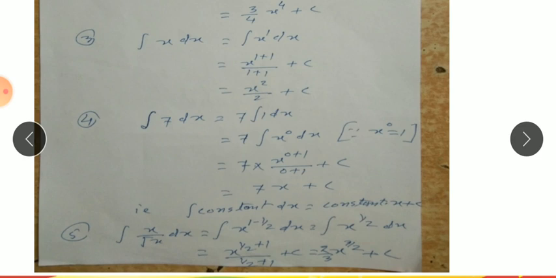Now using the same formula, x raised to n plus 1, that is 1 upon 2 plus 1, upon 1 upon 2 plus 1, plus c, which is 2 upon 3, x raised to 3 by 2 plus the constant of integration.